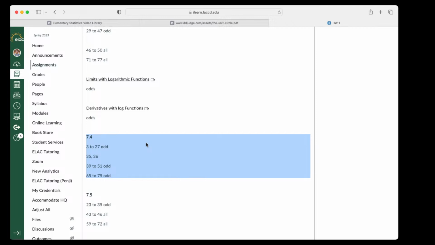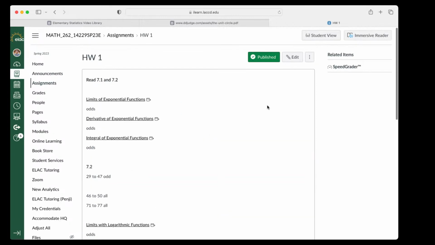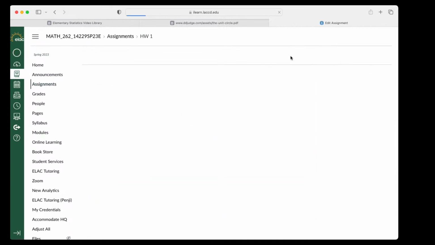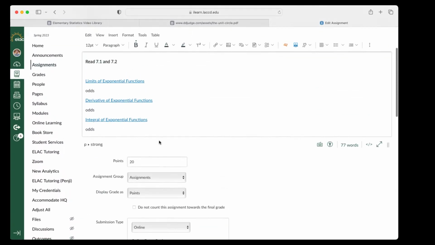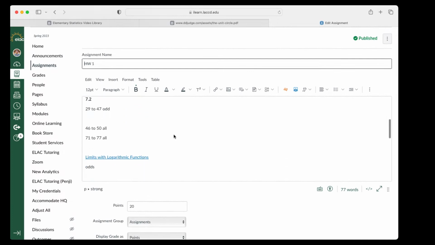This is derivative of exponential functions.